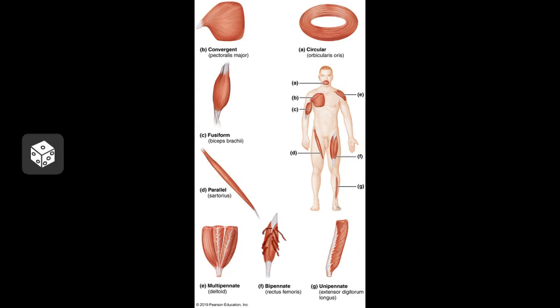And then the deltoid muscle, which is part of your shoulder girdle, shoulder structure, is multipinnate. Some of the heads of the deltoid appear to be bipinnate, others are unipinnate, so that makes it multipinnate.